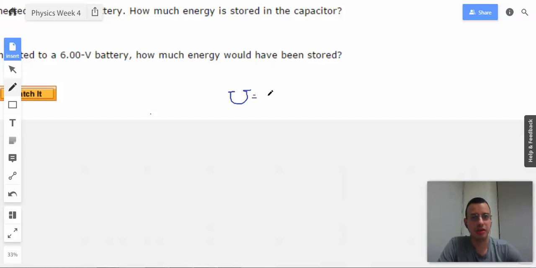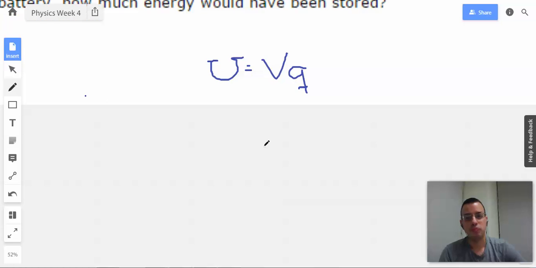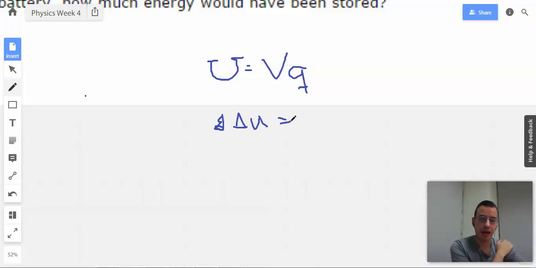Potential energy, joules, is voltage times charge Q. And so if we want a small amount of U, I'll say delta U, and for a voltage, we'd have a delta Q. So delta U equals voltage times delta Q. Okay? Integrate both sides.